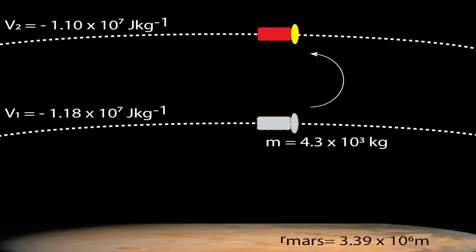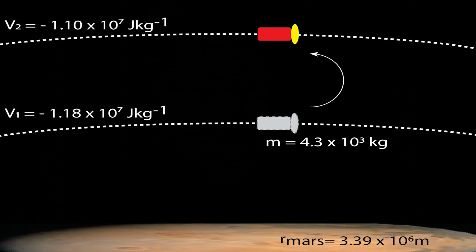Question 4b. Now in question 4a, we were speaking about gravitational potentials at a point above a planet's surface. Now in question 4b, we're speaking about gravitational potential energies of space vehicles of known mass placed at that point.